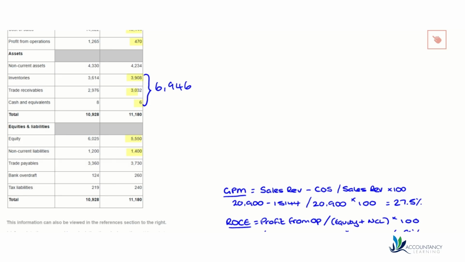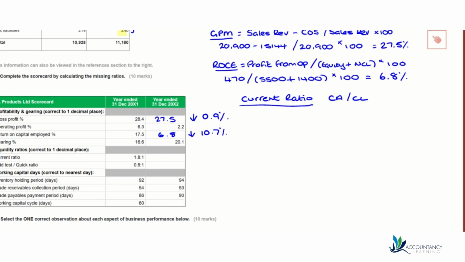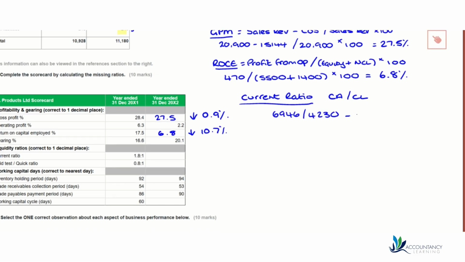And then the current liabilities, again, we've got 3 here, which come to the value of 4,230. So popping them into the formula, this gives us 1.6 to 1.